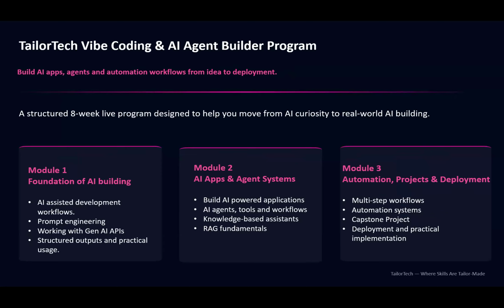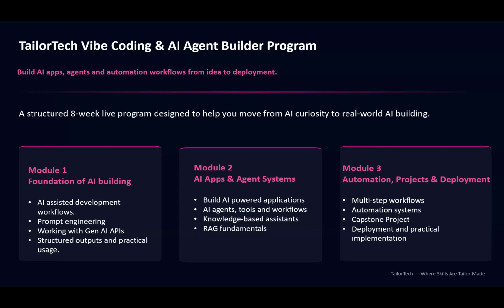As you can see here, there are three modules designed under the Vibe Coding and AI Agent Builder program. First is the foundation of AI building. Then we will go through AI apps and agent systems, and finally automation projects and deployment.